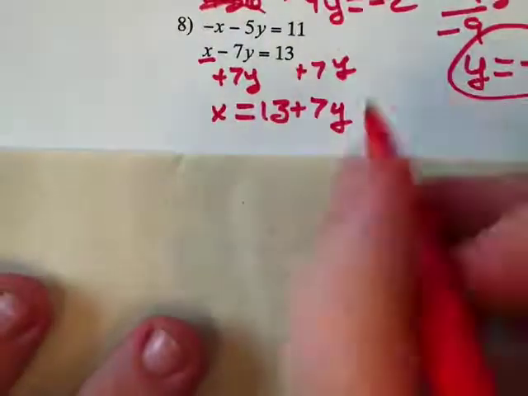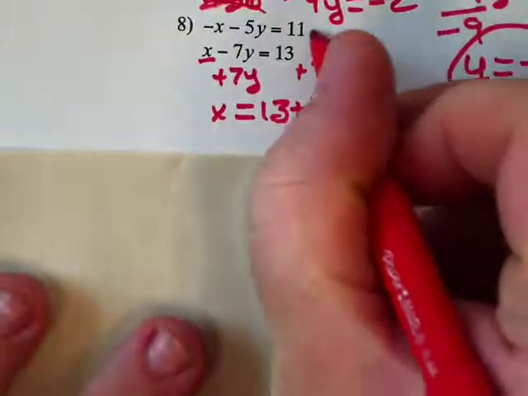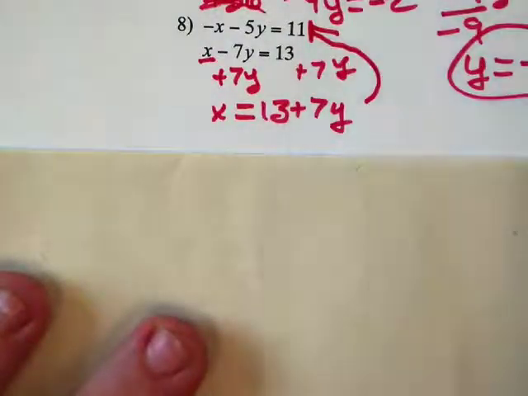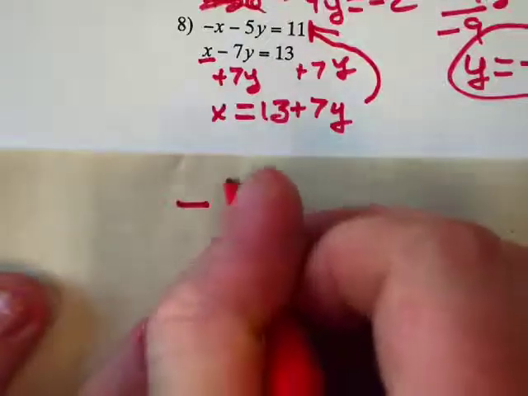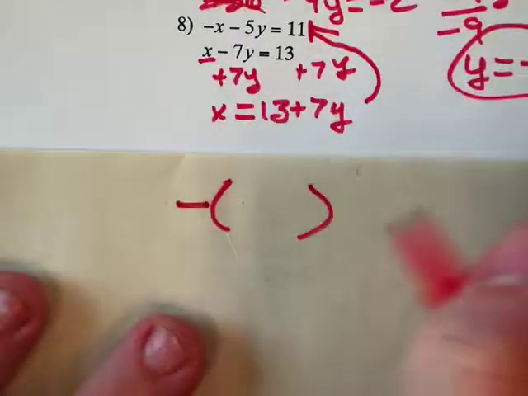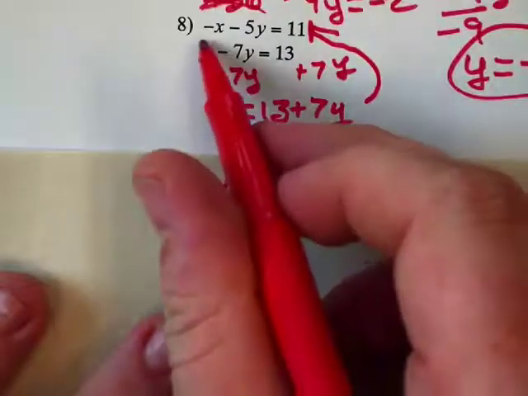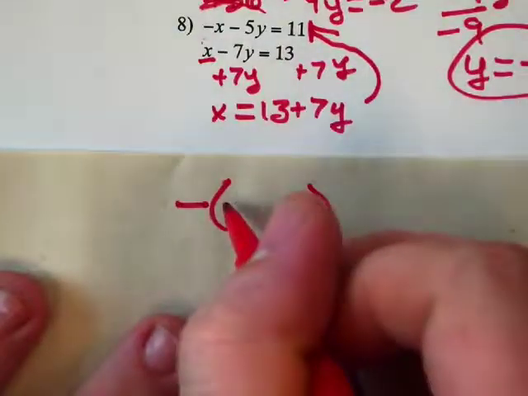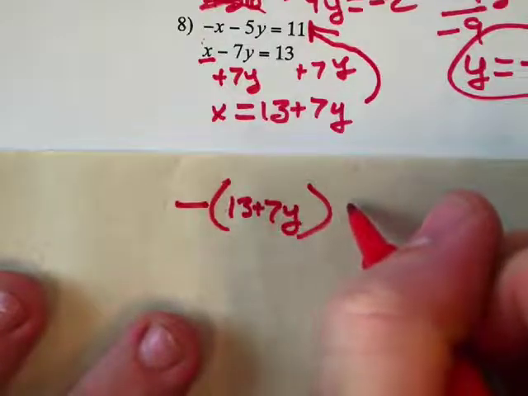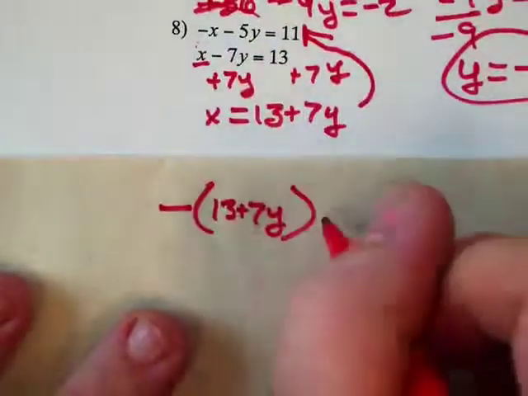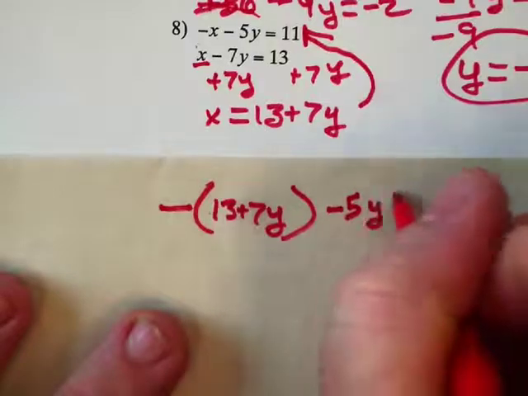Okay, now I can plug that one back in up here, any place that I see an x. So I have negative parentheses. Remember, put it in parentheses because it matters, especially when there's a negative there. You have 13 plus 7y, and so that's all of x, and then minus 5y equals 11.